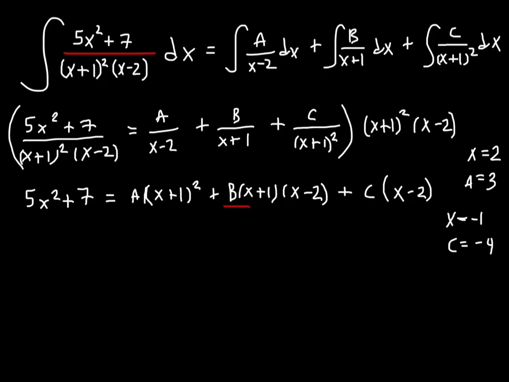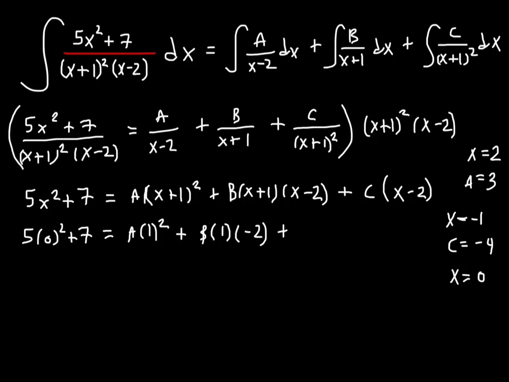Now to solve for the last variable b, I need to plug in another number. So we'll choose a number that's easy to deal with. So I'll say x equals 0. That's a nice number. So 5 times 0 squared plus 7 equals a times 1 squared, because there's a 0, plus 0 plus b times 1 times negative 2 plus c times negative 2.